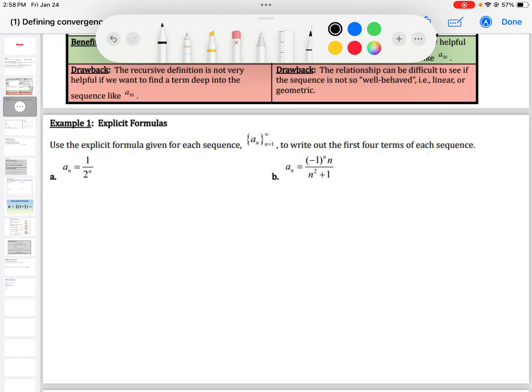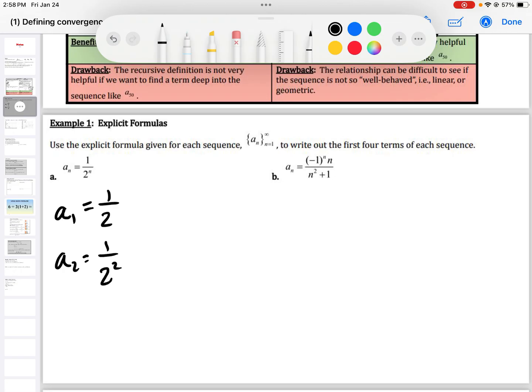Okay, use the explicit formula for each sequence. So they're giving us the explicit form to write out the first 4 terms of the sequence. Okay, so let's just get some practice, make sure this is concrete in our brain. So the first term, I get that by plugging in 1 for n. That would be 1 over 2 to the first power, so just 1/2.